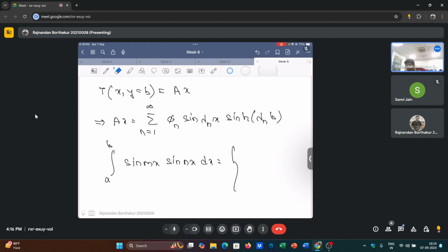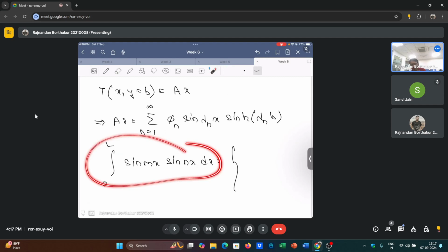Let's keep it simple and integrate from 0 to L.